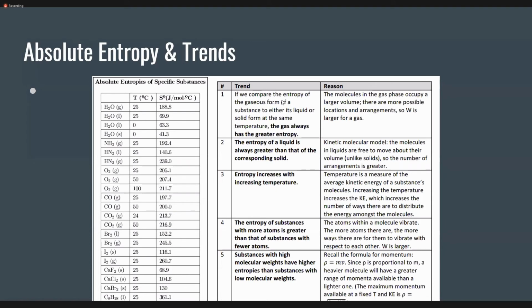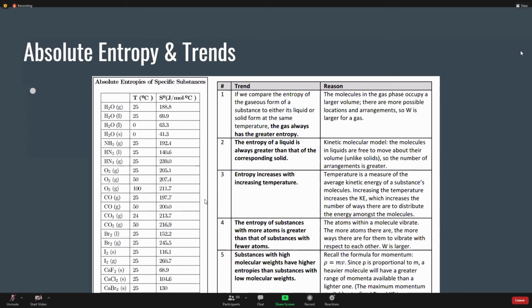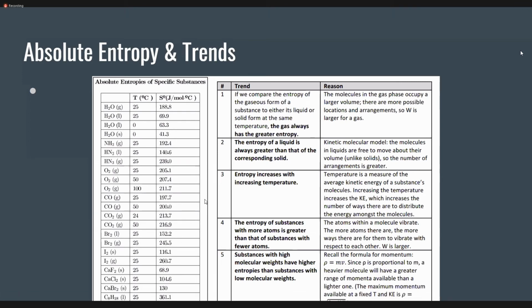But if you're curious, it can be simplified to a little bit of thinking about momentum. If you have something that has a greater molecular weight, think of it as having a greater range of potential momentum sizes. So you can think of C4H10 as having a greater range, so maybe a wider curve, versus CH4, methane, having a narrower range of momentum.